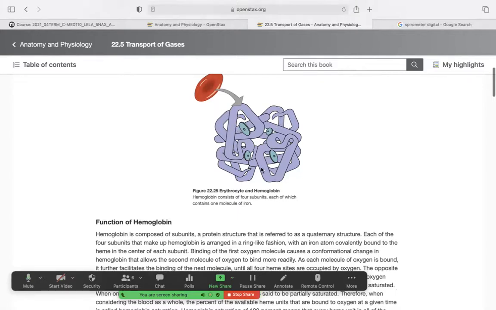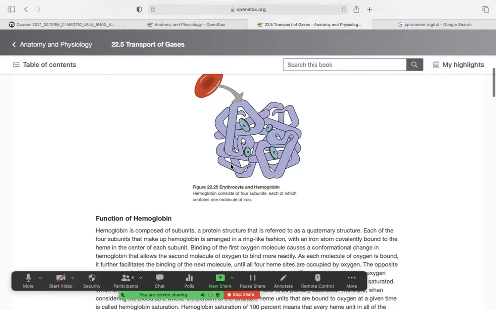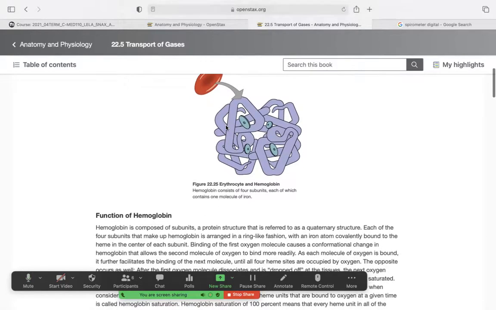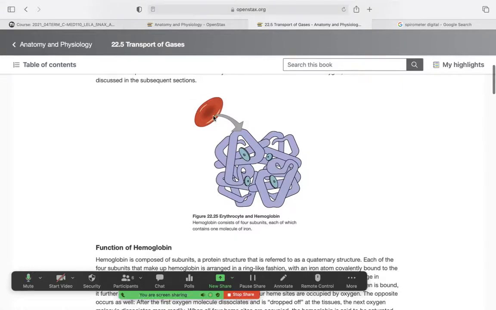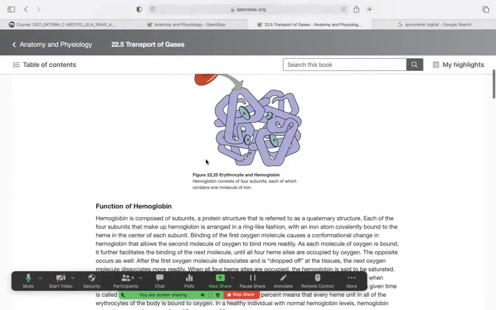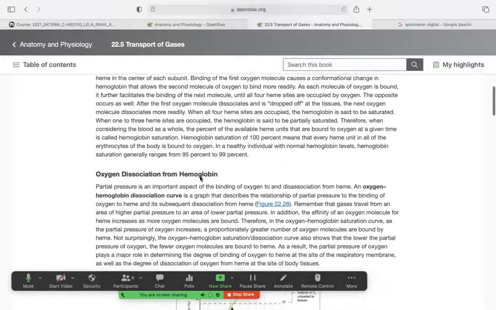This one too, this one too, this one too. Well, either oxygen or carbon dioxide can sit on that. And that's why red blood cells are in the greatest abundance in number in our blood. And it makes sense because I need gas exchange and I need it to live. Okay.